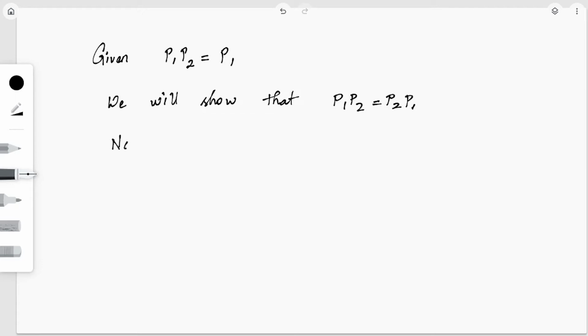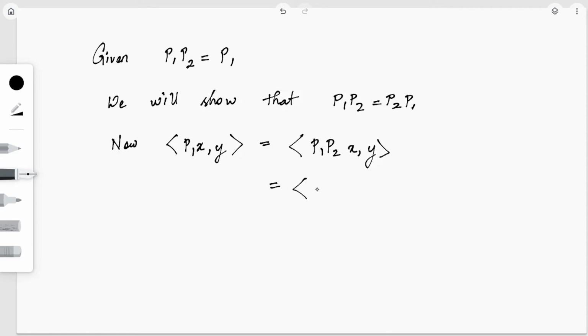So now let us consider the inner product P1 of x, y. So this is nothing but the inner product P1 P2 of x comma y, right? Because P1 is the same as P1 P2.